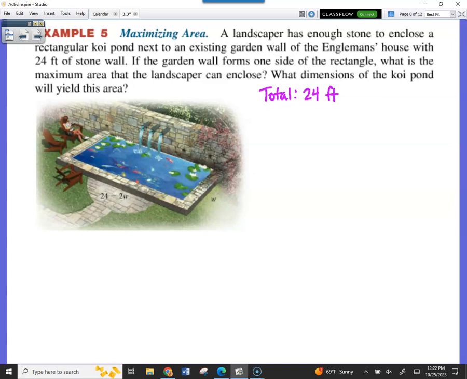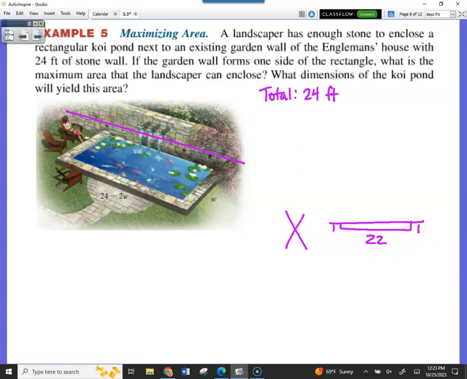If the garden wall forms one side, meaning this side is not important, right? There's the garden wall. What is the maximum area that the landscaper could enclose? Meaning, you would not want to hire a landscaper to come in and build you a 1 by 22 koi pond, right?